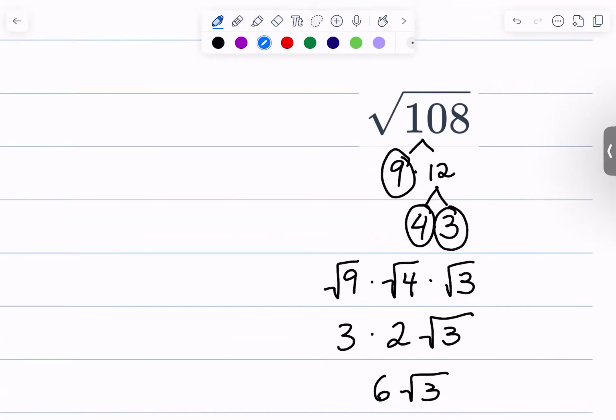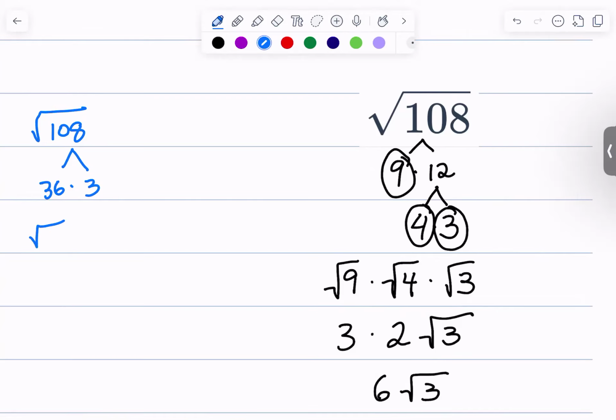Another way we can break it down, so we could break it down just using any perfect squares, right? But we have to continue to do it until we cannot anymore, right? But another way we can break down the square root of 108 is 36 times 3, right? 36 times 3 equals 108.